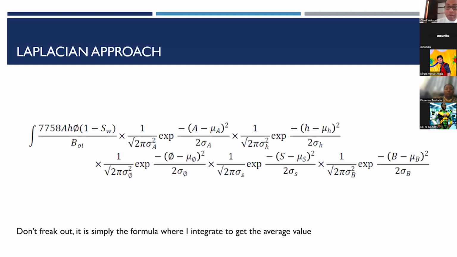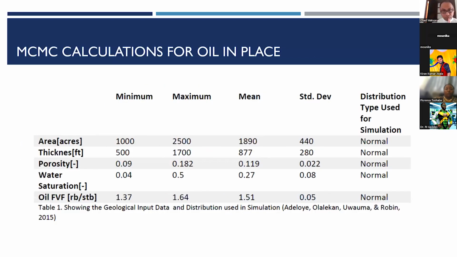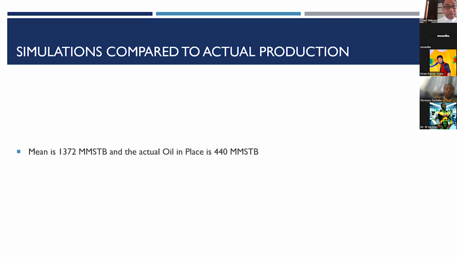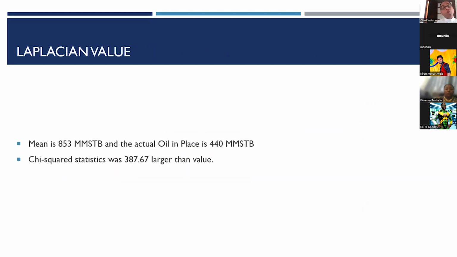If you look at the MCMC algorithm that they used there, and you see the different distributions with the mean and the standard deviation, I use that same information from there, put it back into this as an operation when I started to optimize the equation, and I pulled out the value. So what I got was a mean of 853 million stock tank barrels.